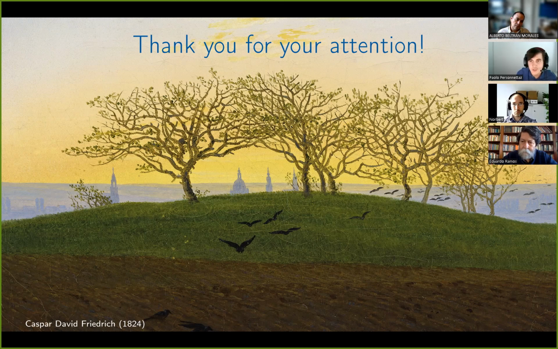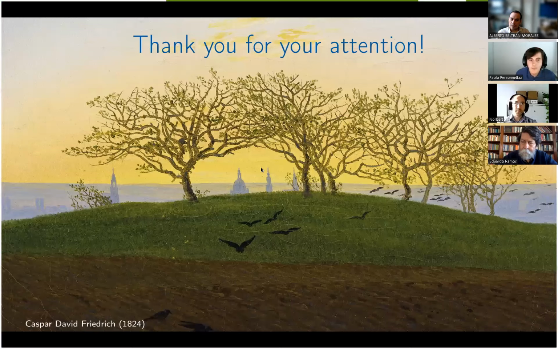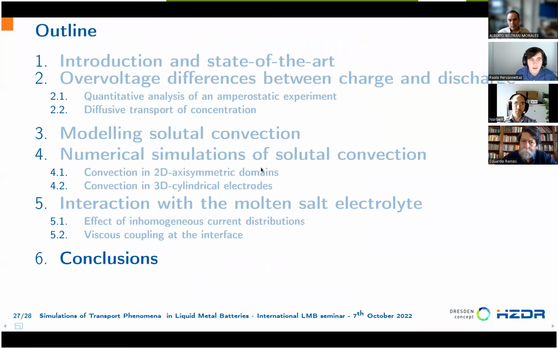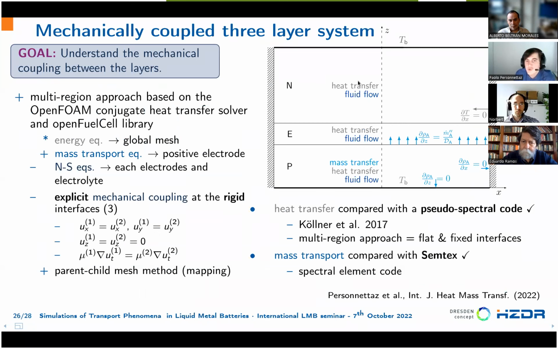But we have a paper in which we use the multi-region solver that I discussed before, and we solve heat transfer in the three layers and heat and mass transfer in the positive electrode.